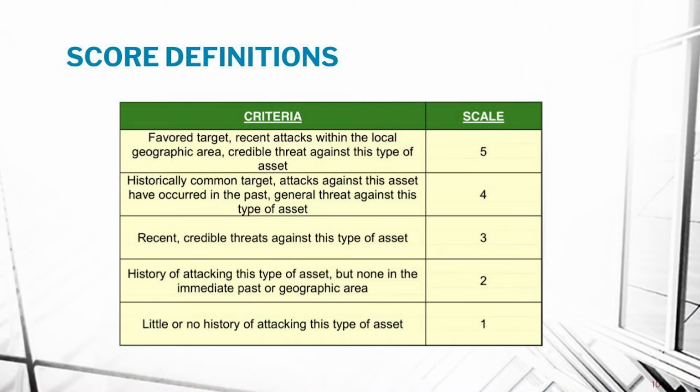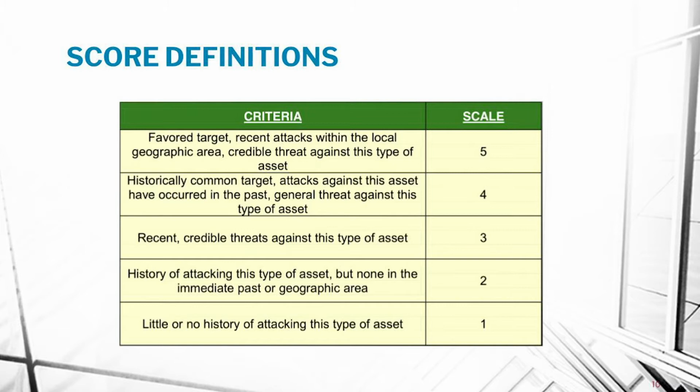Score definitions. This is one that was set. This actually came from a Carver assessment. I've used it with others. Number 3, recent credible threats against this type of asset. If I asked, there's how many people in here? 20?